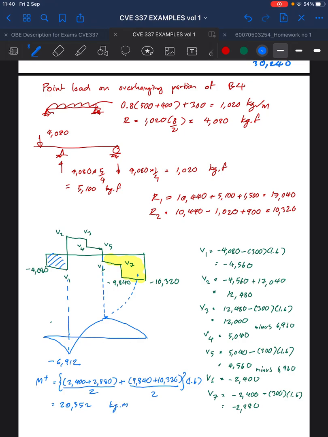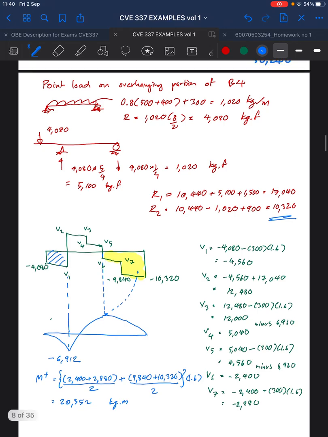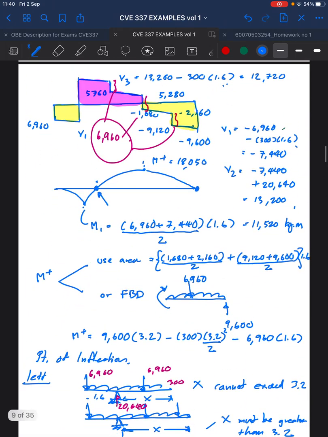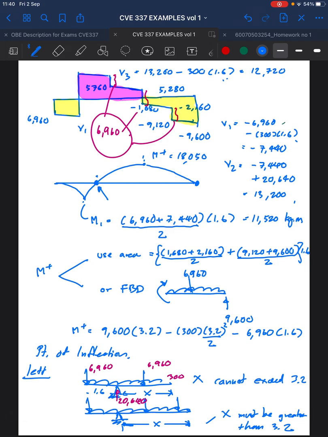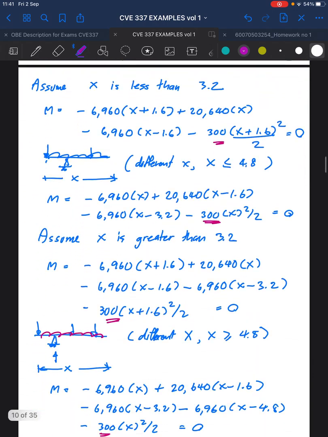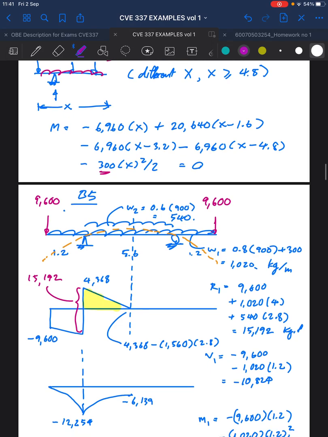And notice that the reaction here R2 also changes, so we have to recalculate B5 as well. And that's the wrong one. Maybe I should do something about that. Okay, like that's wrong. Okay, and now here's B5.